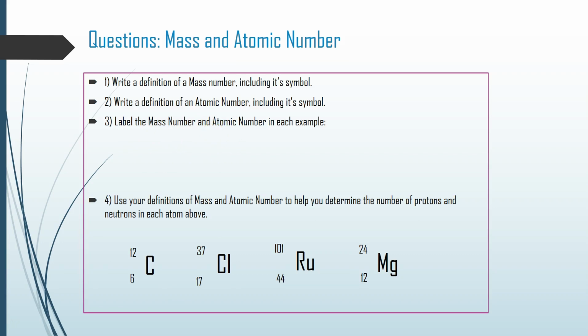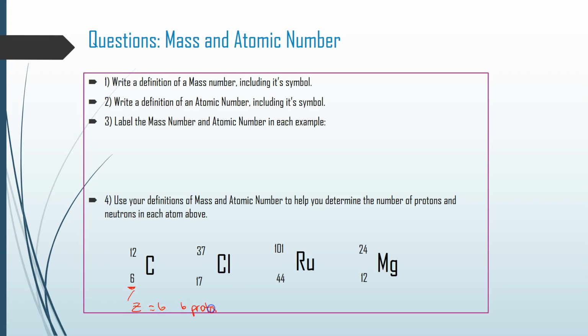So if we use these definitions, we can now look at these questions here, where we can determine the number of protons and neutrons in each. So here we have carbon, and with 6 on the bottom, so this is my atomic number, so this is 6, so it has 6 protons.